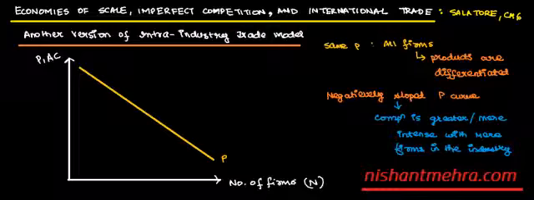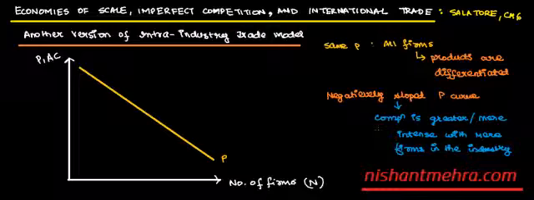This is true: when you have more competition in the industry, it is going to bring down the price. So you have a negatively sloped P curve.